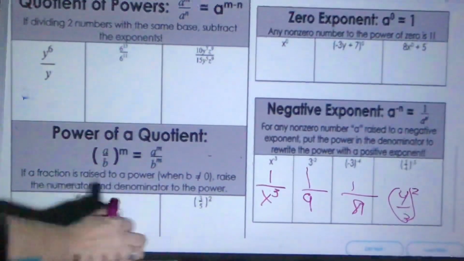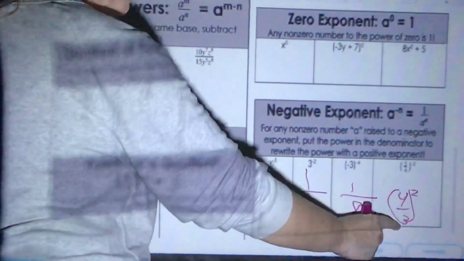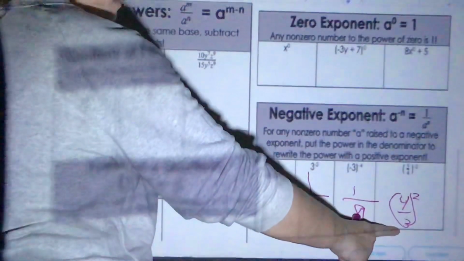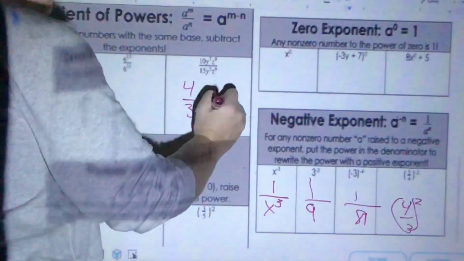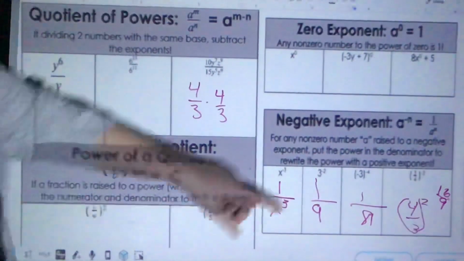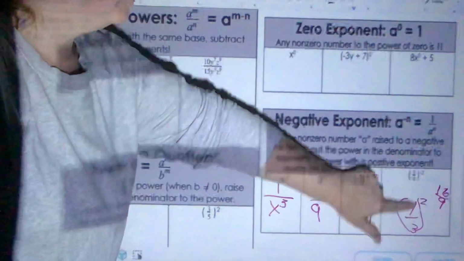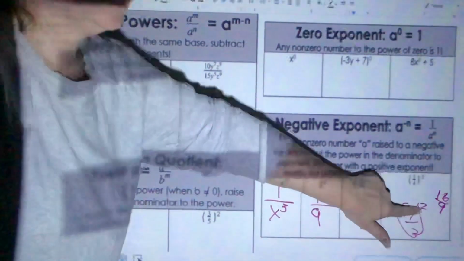All right. So I'm going to flip it and make it 4 over 3 to the 2nd power. So now I'm going to do 4/3 times 4/3 and get 16/9. So anytime you have a fraction that's being raised to a negative power, do the reciprocal and it will automatically make it positive.